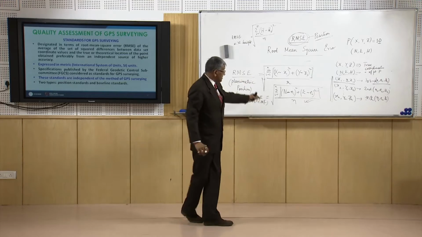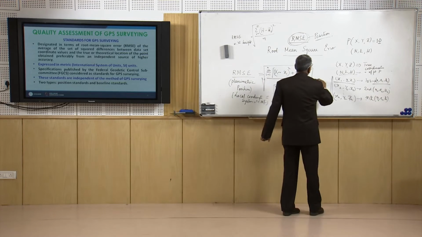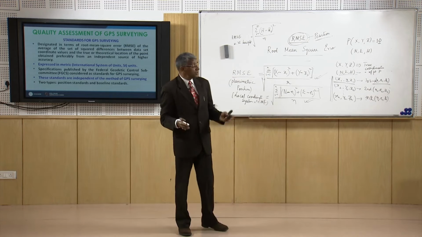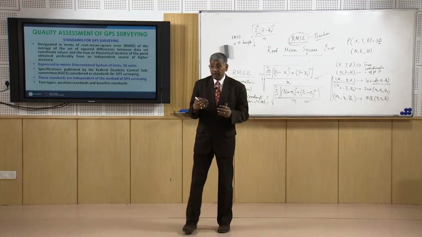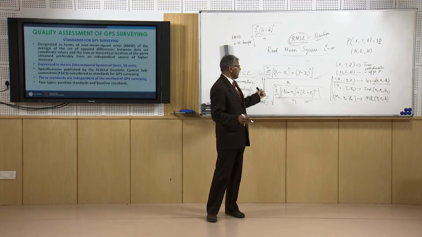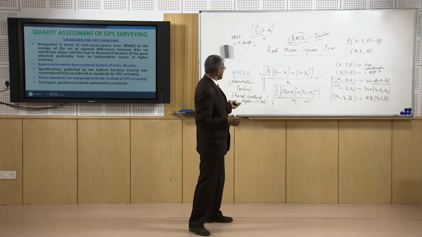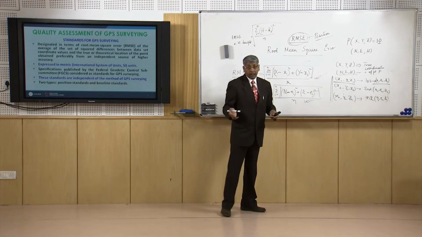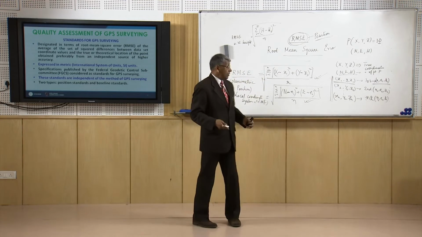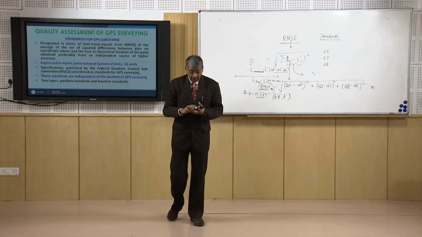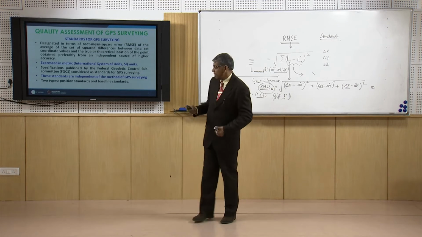So, now these values have to be compared with the standard defined, and as per the value we can say the quality or standard of the point, either 3D quality or 2D quality or height quality, we can find out by using these relations. There are so many standards available, widely available all over the world.